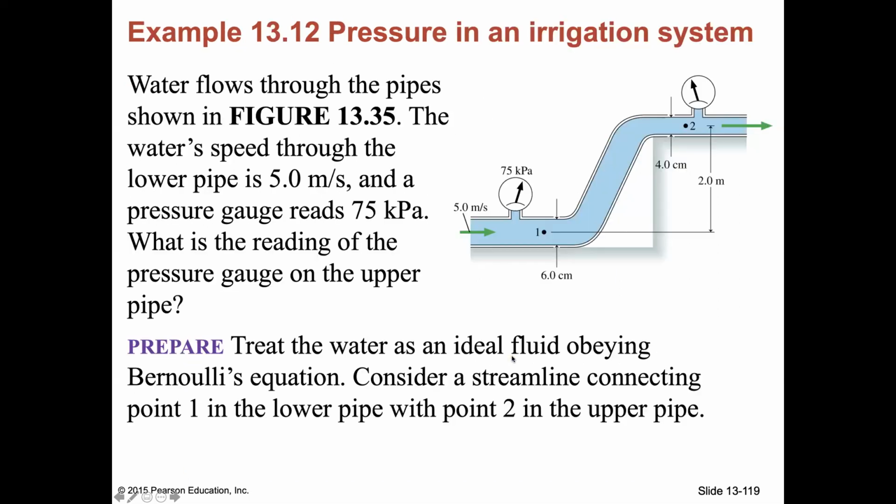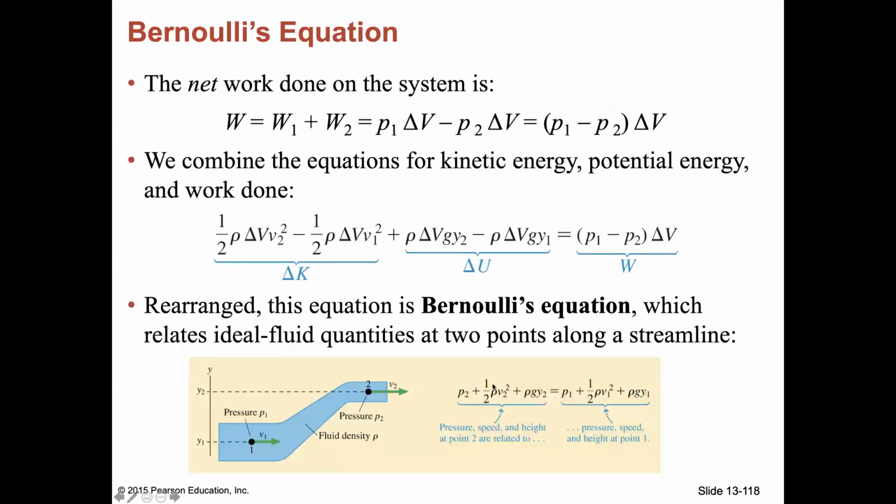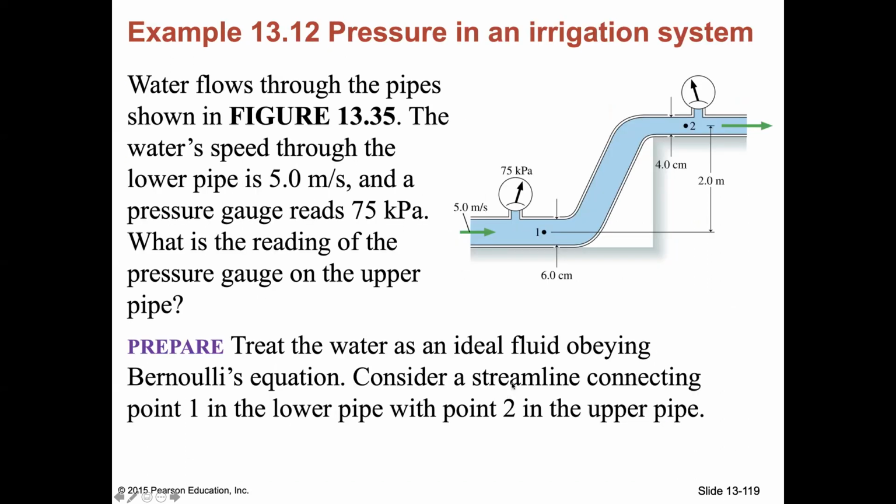Yes, rho is water, so it's 1,000 kilograms per cubic meter. Do we know V? It's 5 meters per second.